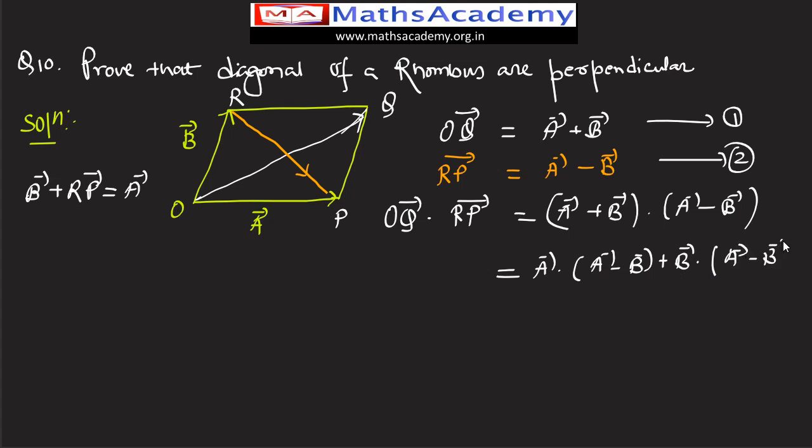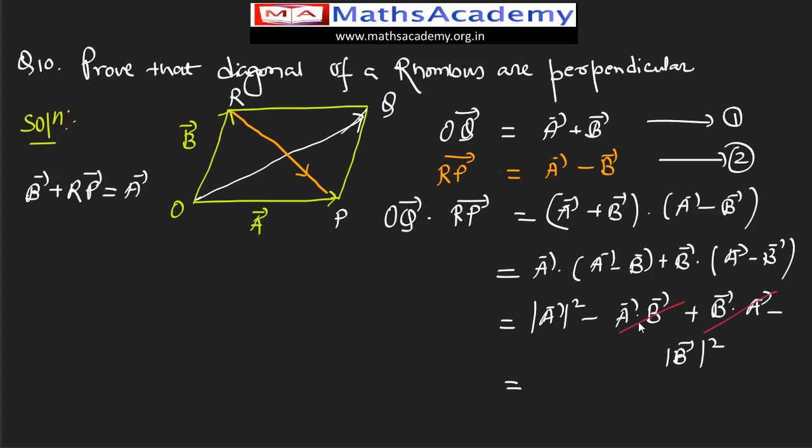A dot A is mod of A squared, minus A dot B, plus B dot A, minus mod of B squared. As we know that the dot product is commutative, A dot B and B dot A have the same value. So ultimately we have mod A squared minus mod B squared.